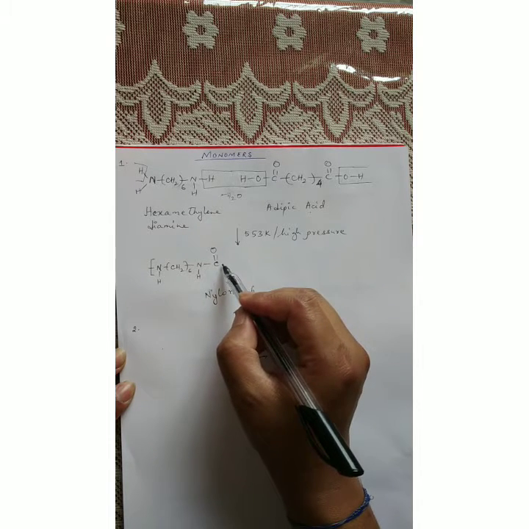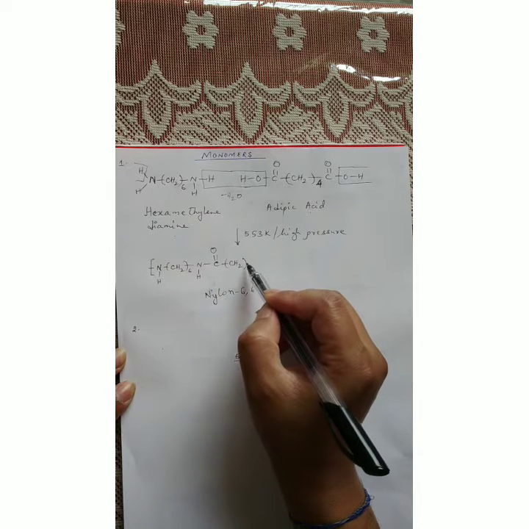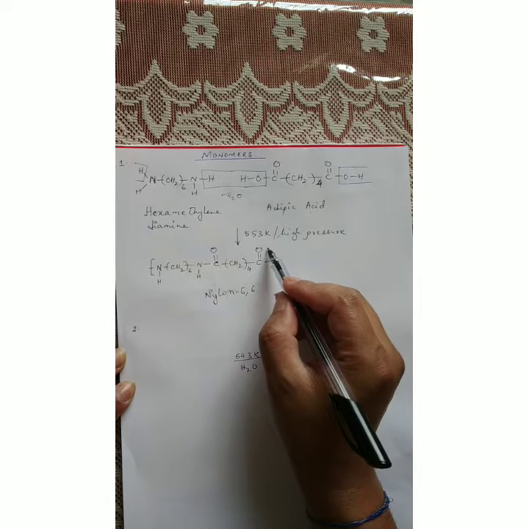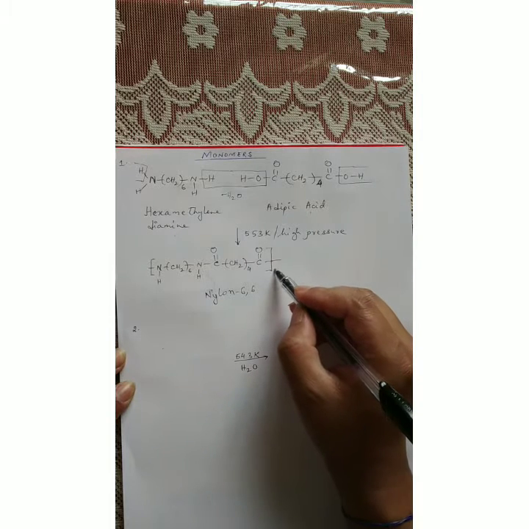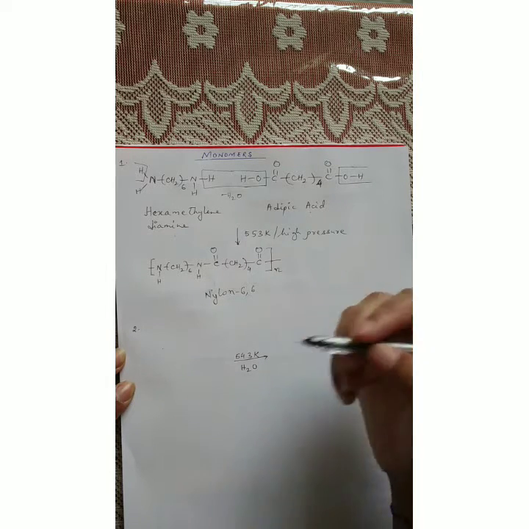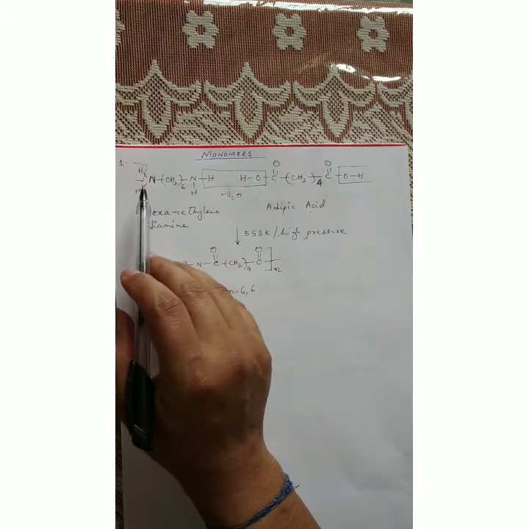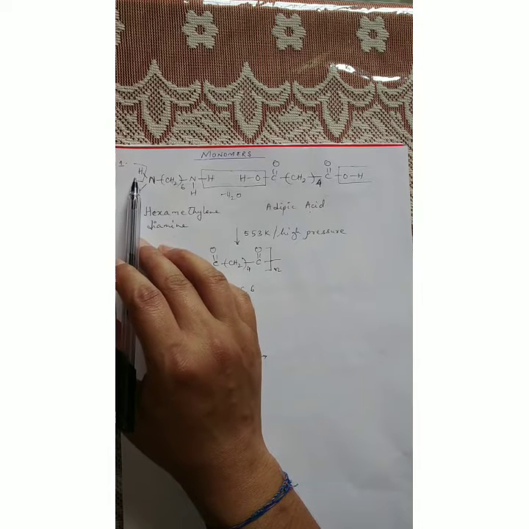I'm just making the structure look easier. C double bonded O, then here. Here we'll be dealing with a large number of molecules, so that's why we write N here. N means large number of molecules. Sometimes you may see that the structures have N in front of the monomers, so that N means a large number of structures.